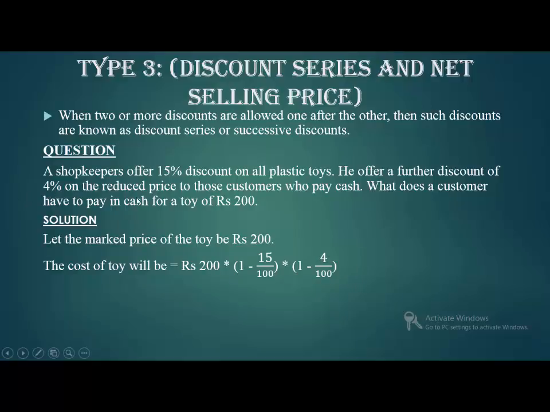Thus, the successive discounts can be simply calculated by successively multiplying the marked price into this factor. The final cost of the toy will come out to be rupees 163.2. So, the customer will have to pay rupees 163.2 in cash as calculated from here.